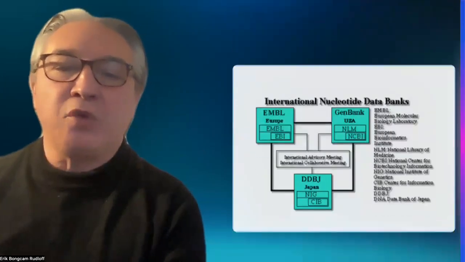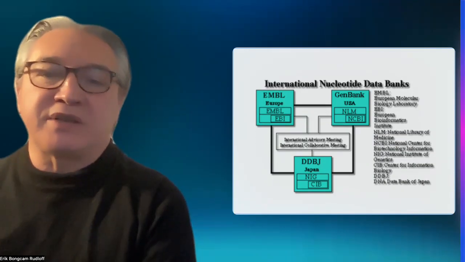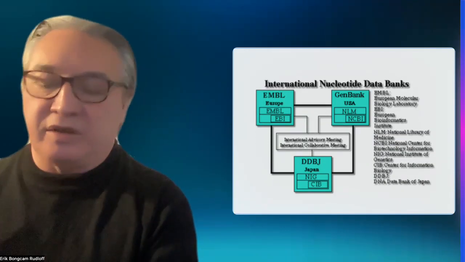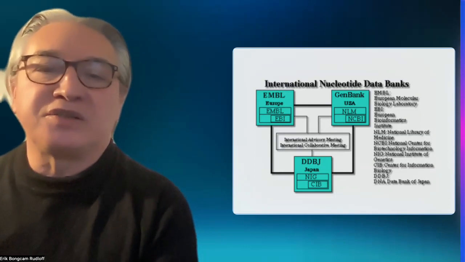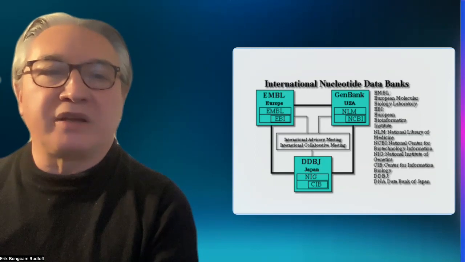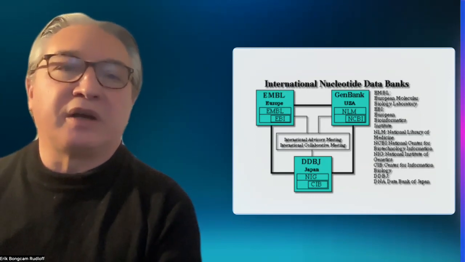Now, when you put the data in any of these three places, as I said before, they have collaboration. In this picture, you can see that the European Nucleotide Archive is still called EMBL Europe.